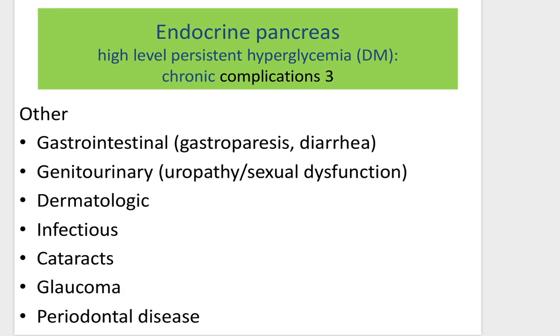Other complications include gastrointestinal disorders like gastroparesis and diarrheas, that is a result of neuropathy too, genitourinary like uropathy and sexual dysfunction, dermatological disorders, infections, cataracts, glaucoma, and periodontal disease.